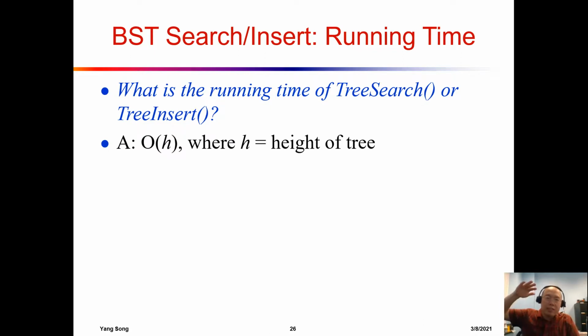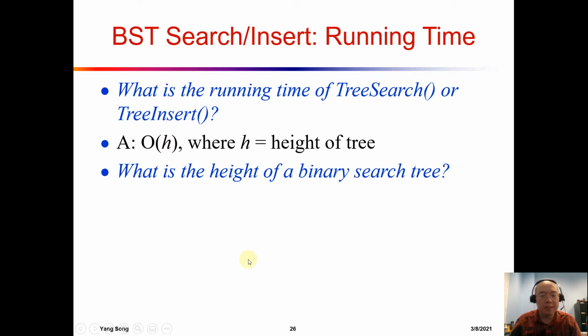The worst case is we start from the very top of the tree, which is the root, and go all the way down. We follow the longest path to the bottom, and that is the full height of the tree, right? So the worst thing it can be is we go from the very beginning to the very end, following the longest path possible from the root to a leaf. That is the height.